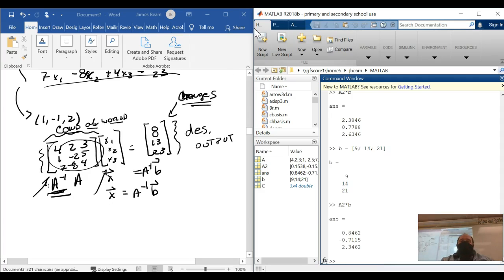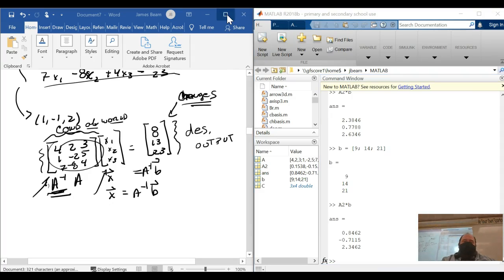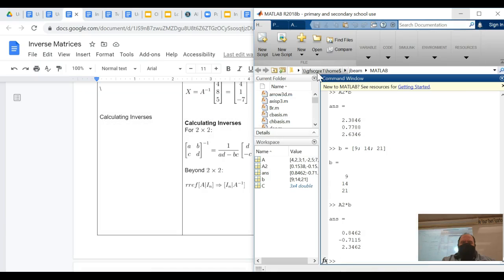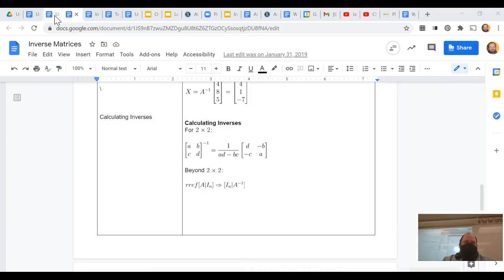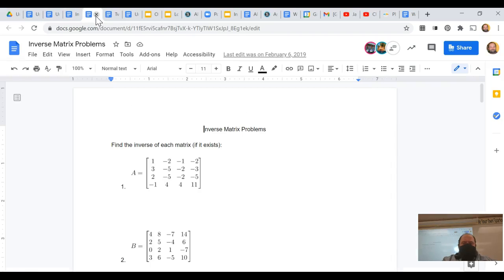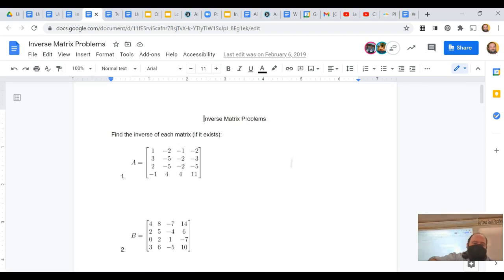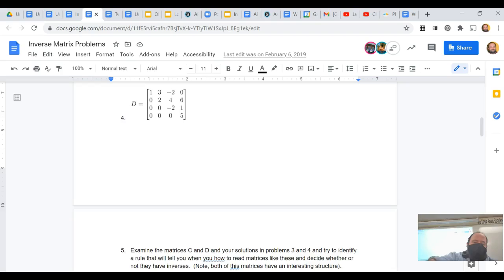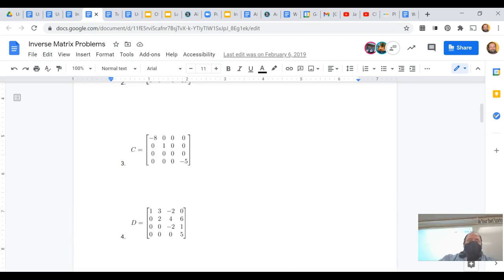All right, so this gives you, hopefully, some of the drive behind the problems that I'm asking about here. So if you go to the inverse matrix problems, 1, 2, 3, 4, that's just plug it into MATLAB and get an answer, right? Now here's what's going to freak you out.